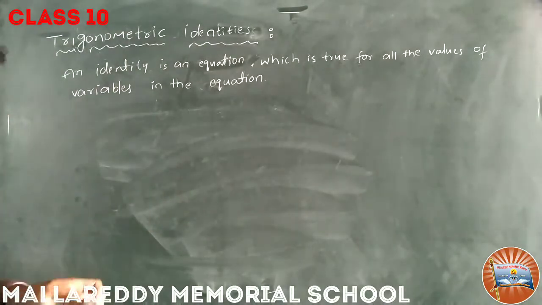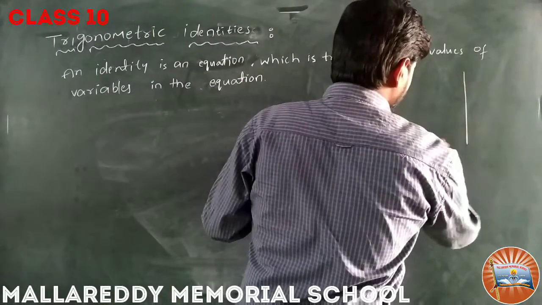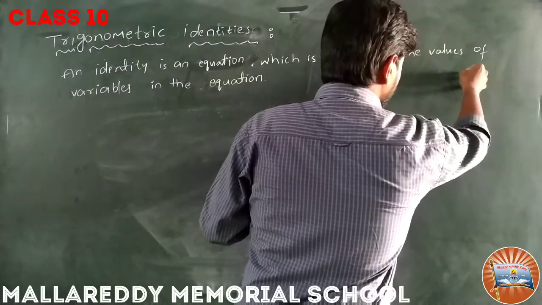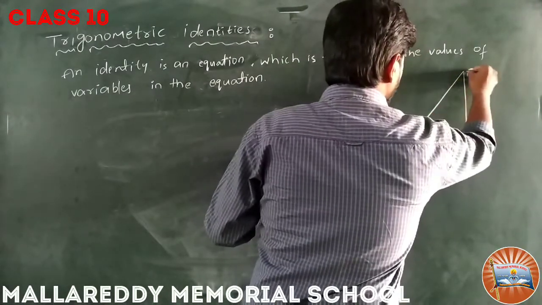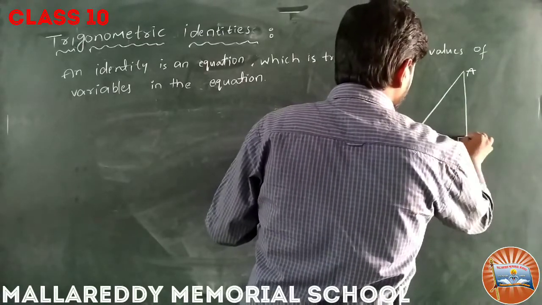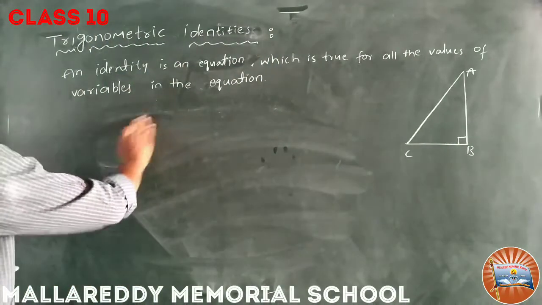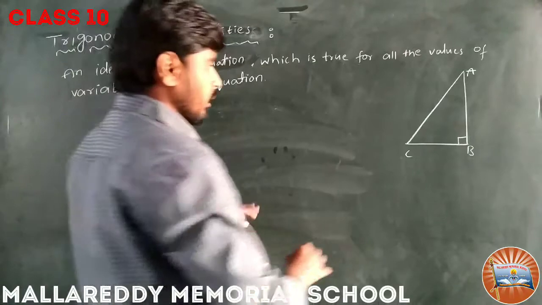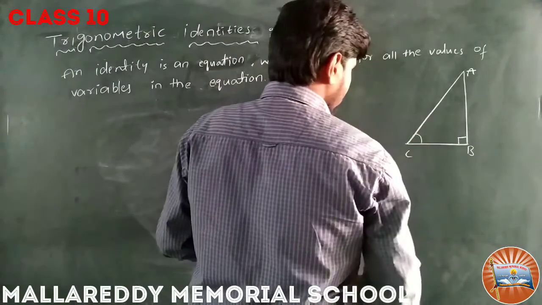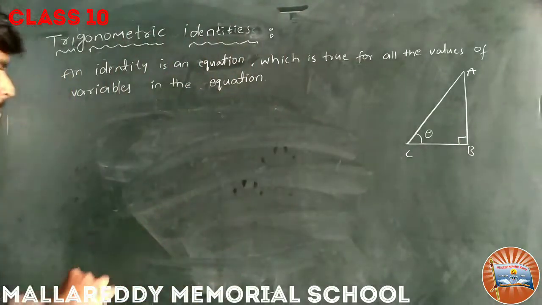Same as this, we shall first take a right angle triangle ABC, right angle at B. Suppose we take my angle here, I am calling it theta.